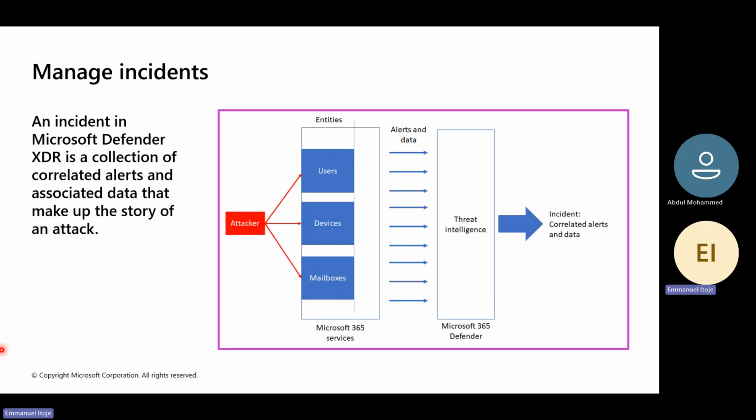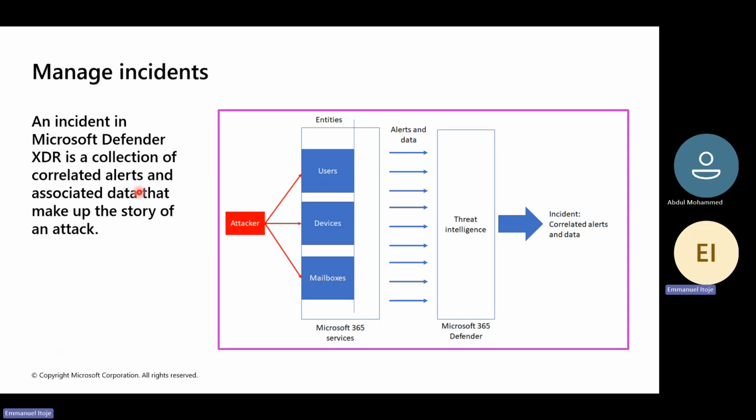Individual alerts provide a valuable clue about an ongoing attack. However, attacks typically employ various vectors and techniques to carry out a breach. Piecing individual clues together can be challenging and time consuming.